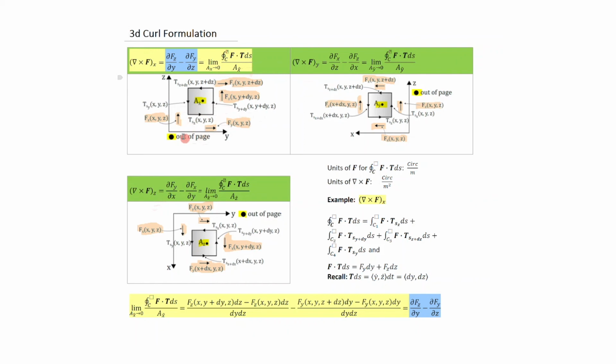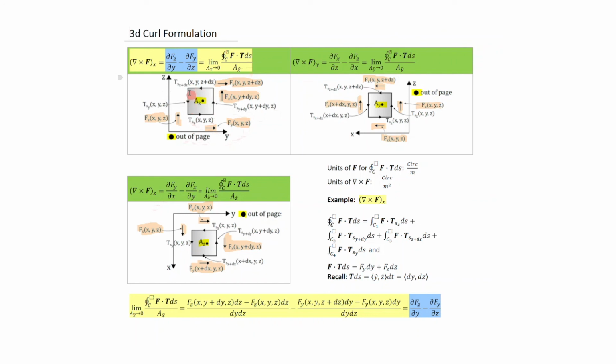Again, we're evaluating the field at this point, and this point would be F(x, y, z). If we're looking along here, then we're looking at the Fz component, but evaluated at y plus dy, which is here. So it doesn't change along here. Y remains constant at y plus dy. When we move along here, we're looking at the value of z plus dz, but evaluating along the y direction.